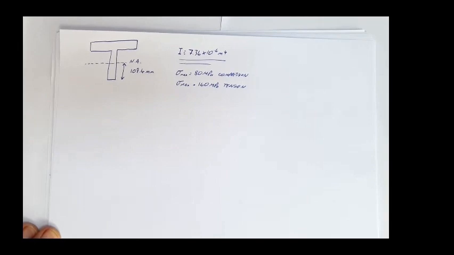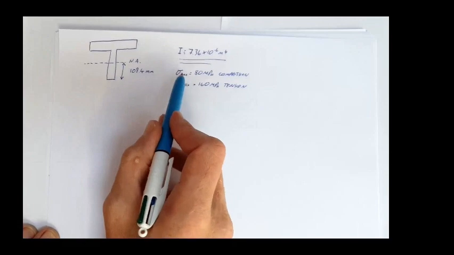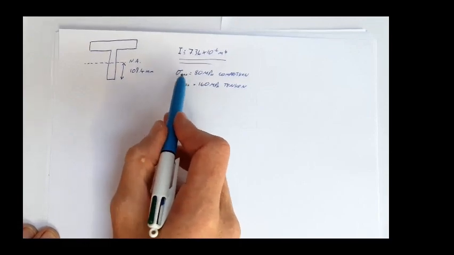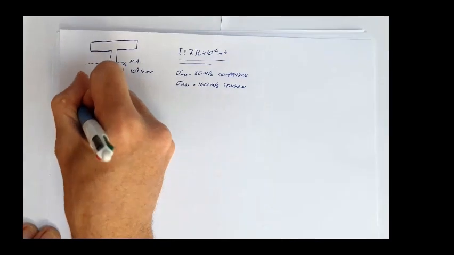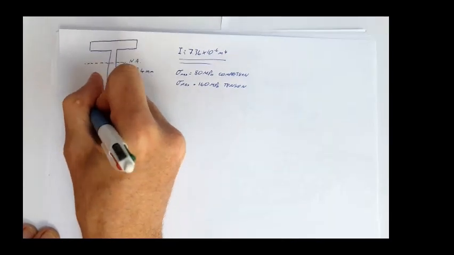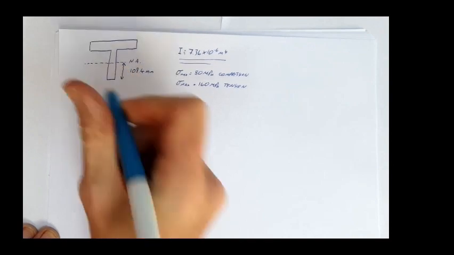Find the maximum UDL. So in order to find the maximum UDL, that's obviously going to be related to the moment. So we need to work out what is the maximum moment that we can carry in these two limiting cases. So we know from the simple theory of elastic bending, M equals sigma I over y.